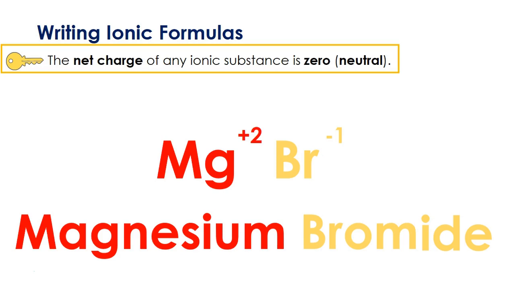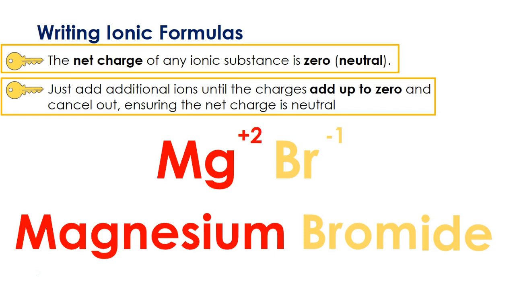One key idea is whenever you're trying to figure out how many subscripts we need of each ion, the net charge of any ionic substance has to be 0. What that means is it has to be neutral, so the charges have to cancel each other out. The next piece of information is to add additional ions until the charges add up to 0 and cancel out, ensuring that the net charge is neutral.